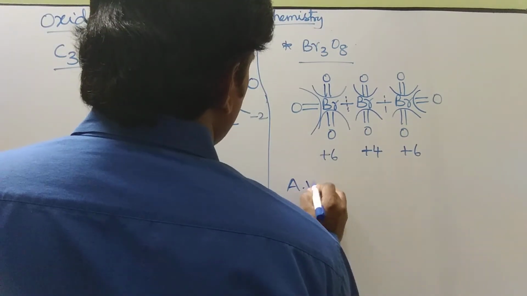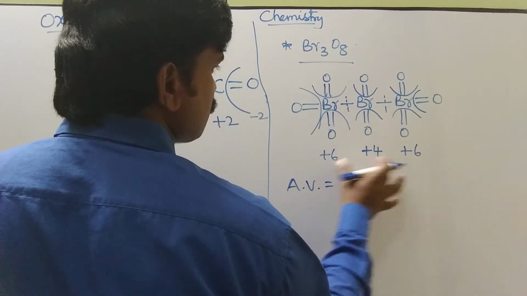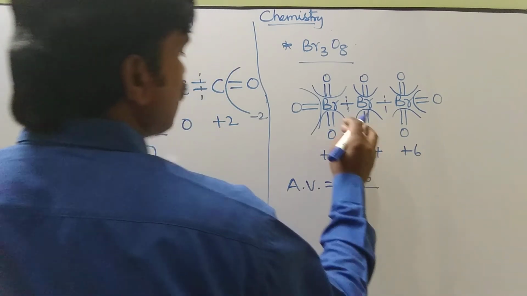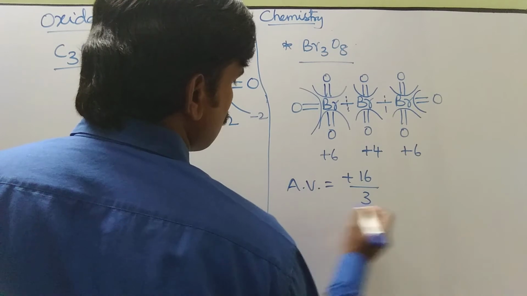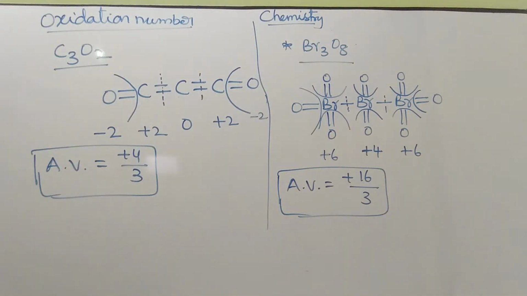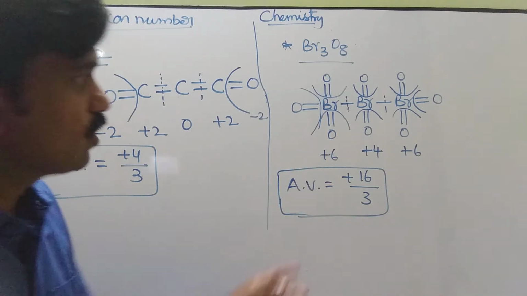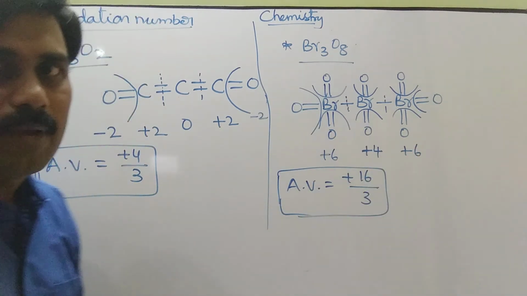Look at how the average oxidation state is: plus 6, plus 4, and plus 6, plus 16, divided by how many bromines are sharing these? 1, 2, 3. So the average oxidation state of bromine in Br3O8 is plus 16 by 3. According to the structure, the first bromine is plus 6, the middle bromine is plus 4, and the third bromine is plus 6.